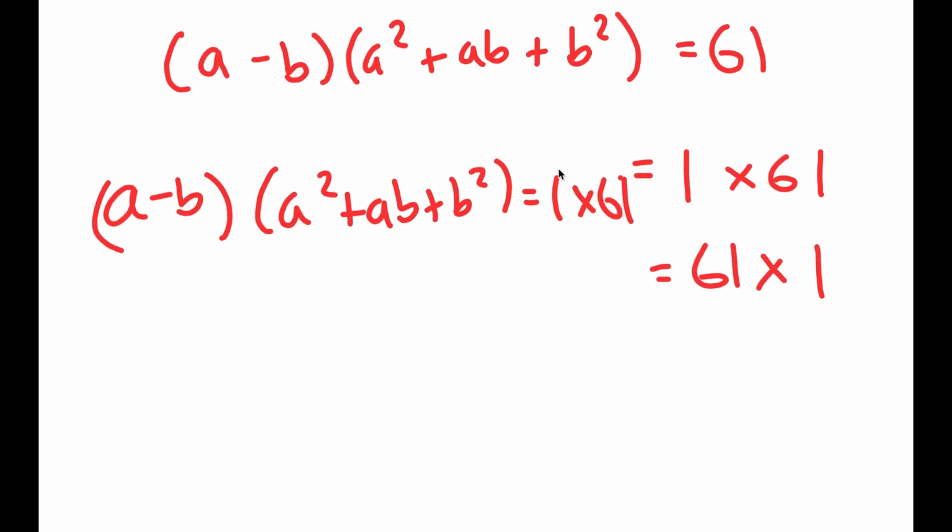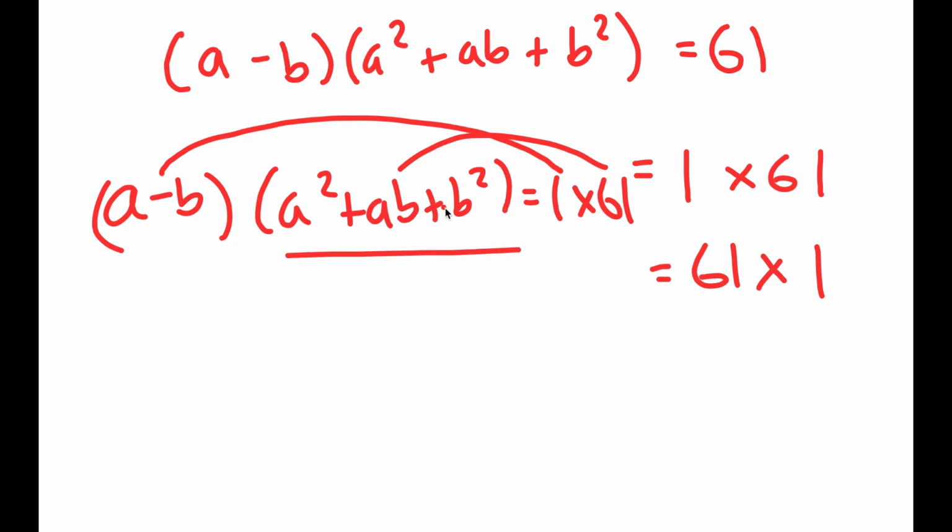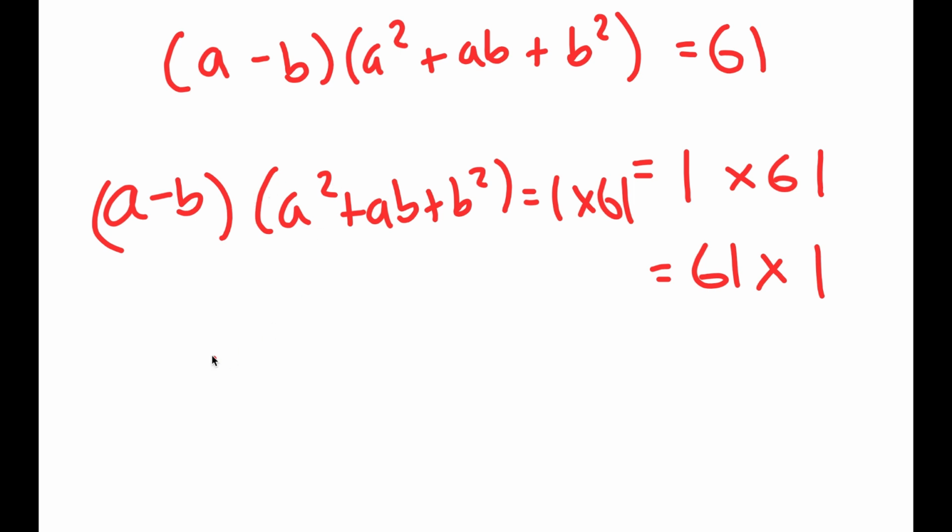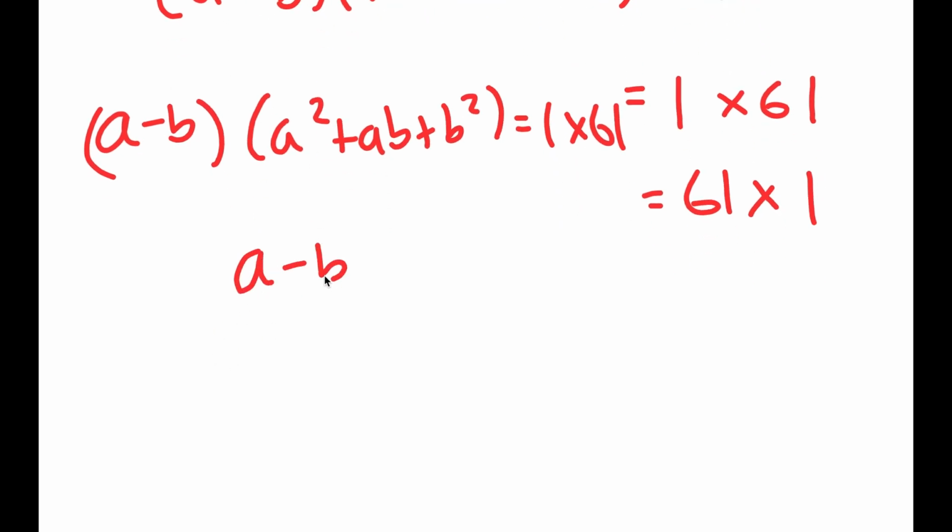And in this case, we can give the value of 1 to a minus b and 61 to a squared plus ab plus b squared, because a squared plus ab plus b squared is greater than a minus b. So now we know that a minus b is 1 and a squared plus ab plus b squared is equal to 61.